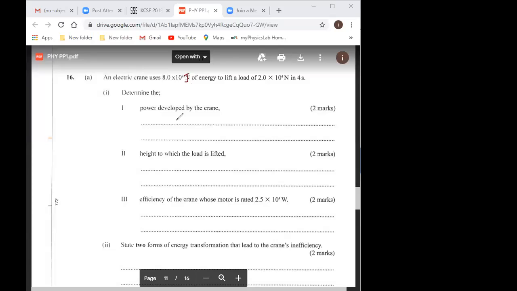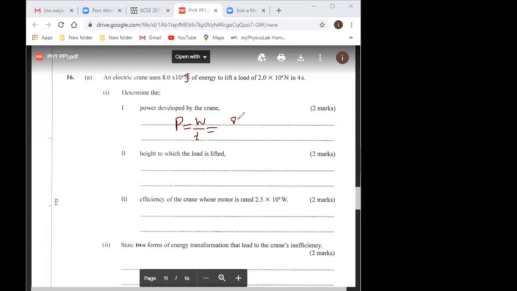Yes, Ferdinand Kabila, what are you getting? 20 kilowatts. Let's see. So we know power is equal to work done over time. From what you can see, the work done in this case is 8.0 times 10 to the power 4.